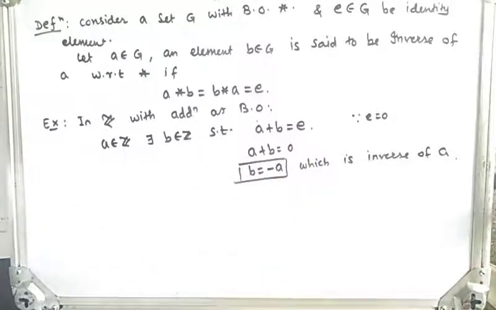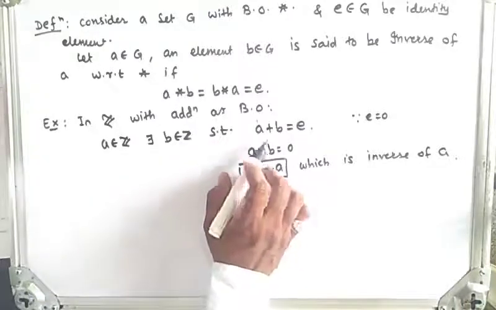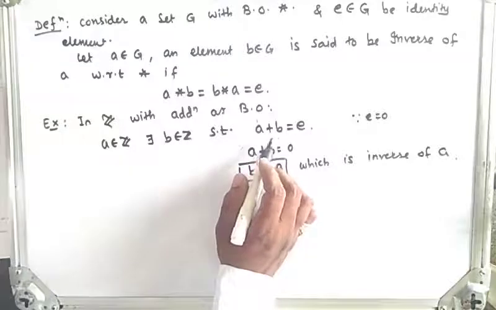So the inverse of a is minus a. Suppose the value of a is 2, then the inverse of 2 is minus 2.